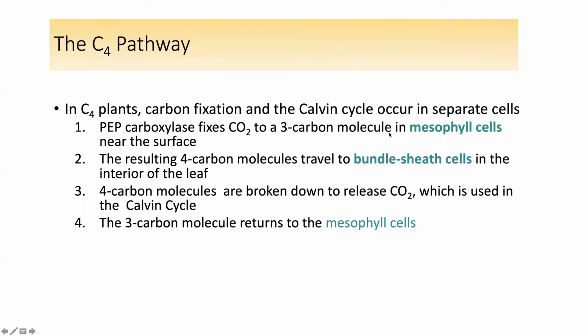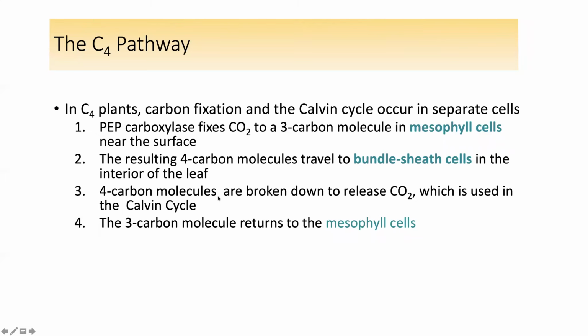And this is taking place in a cell type known as the mesophyll cells. And these cells are located near the surface of the leaf. What happens then is that this 4-carbon molecule then is able to travel to these cells known as the bundle sheath cells, which are more towards the interior of the leaf and are closer to the veins of the leaf so that it can be transported.